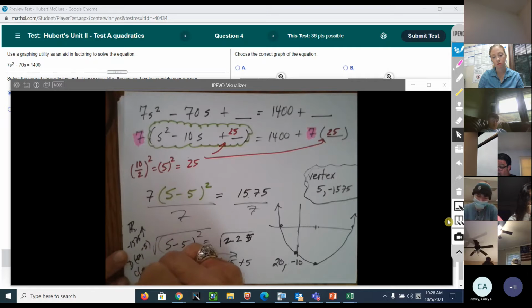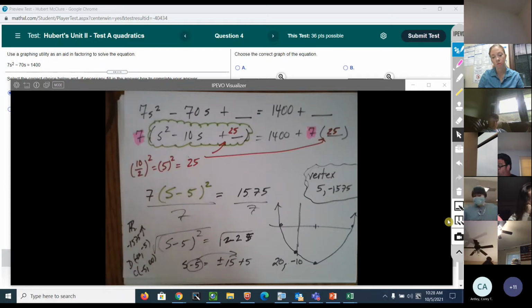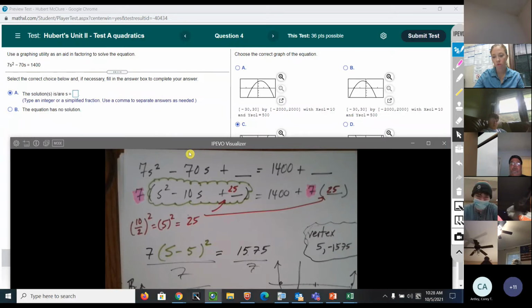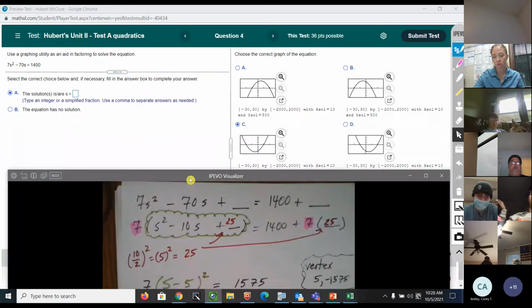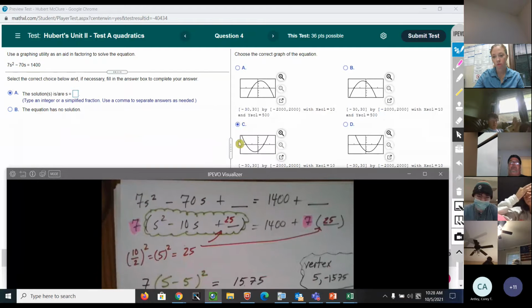And from negative 5 to infinity is the right side of the bowl. So I don't know what they're asking on this one, but it looks like it's going to be one of C or D, and I believe it's D.